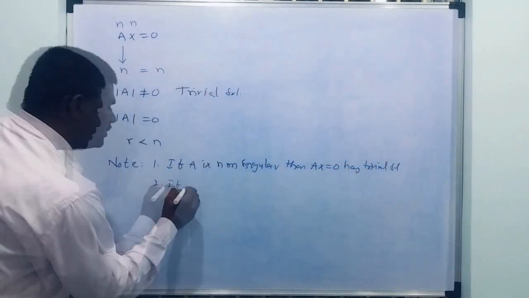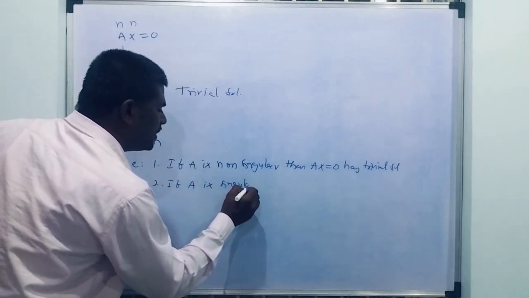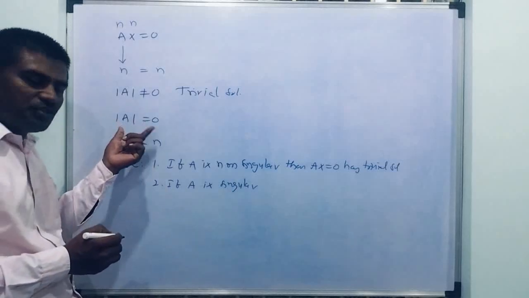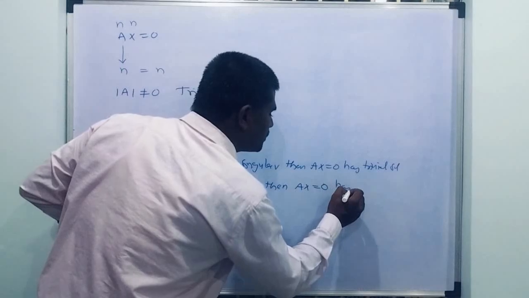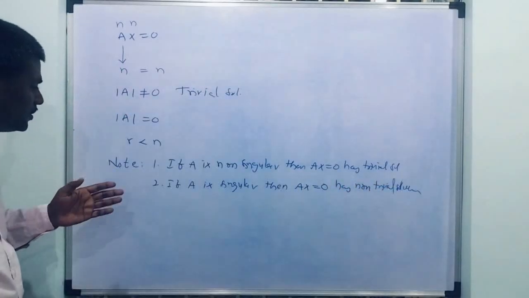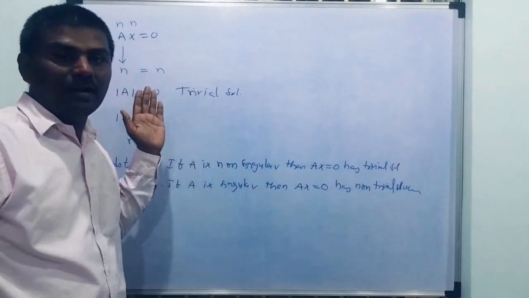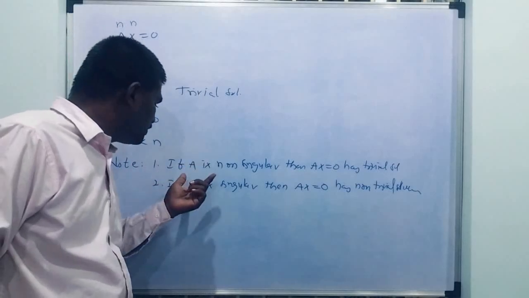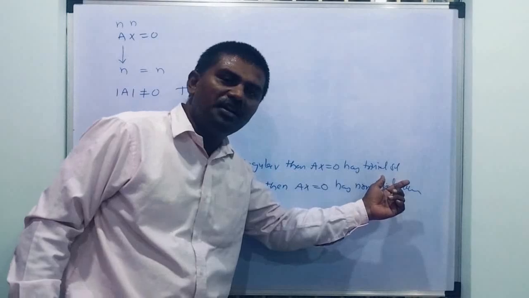If A is singular, that means det A is equal to 0, then Ax equal to 0 has a non-trivial solution. I think you got the point about when the system has a trivial solution and a non-trivial solution. If A is non-singular, then Ax equal to 0 has a trivial solution.